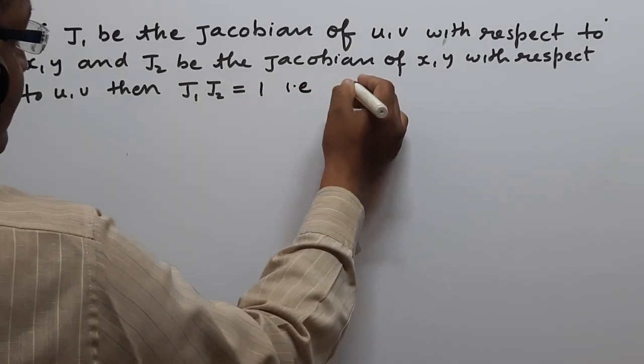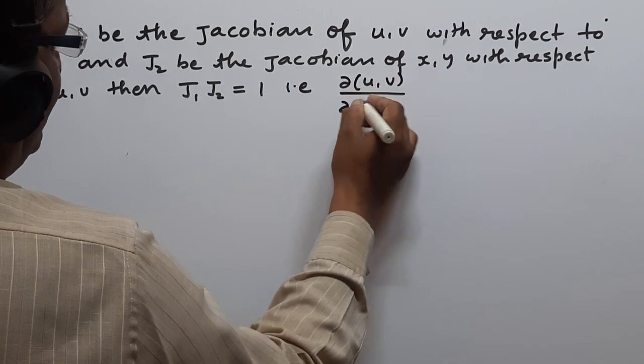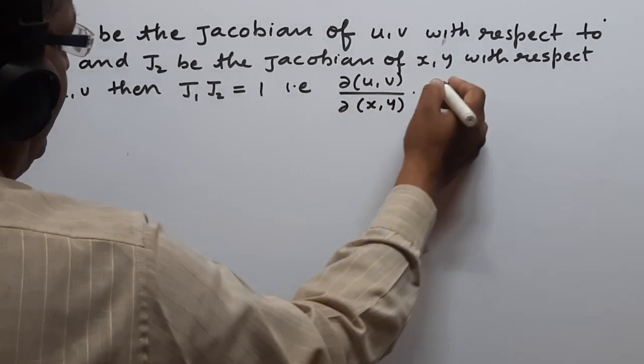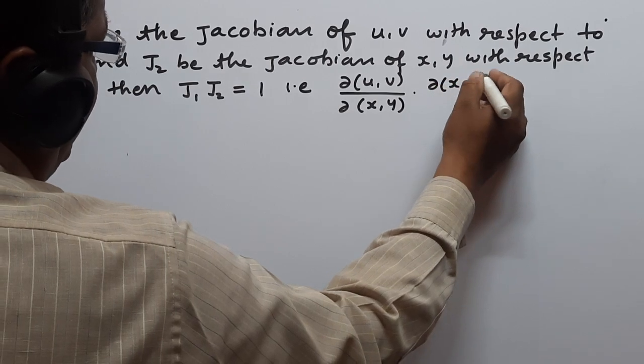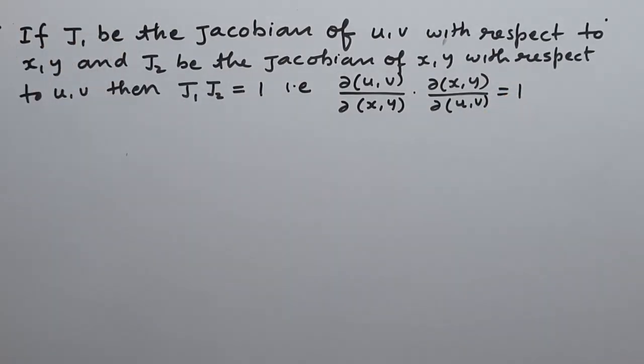That is, the Jacobian of uv with respect to xy and the Jacobian of xy with respect to uv is equal to 1. This is the second property of the Jacobian.